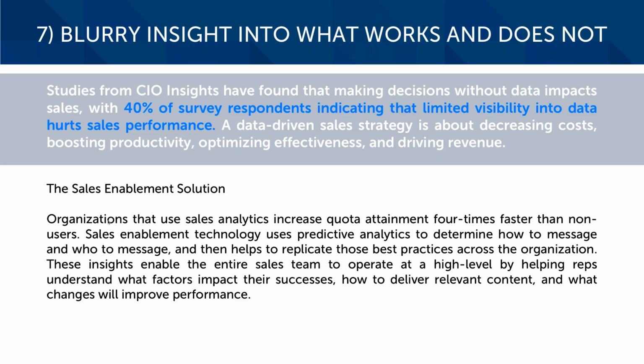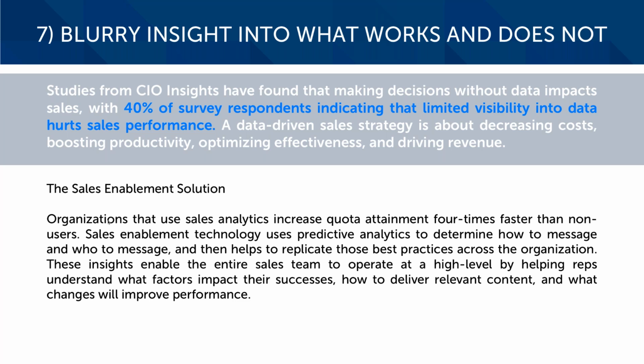It's really about what's pragmatic and what's actionable from the information that you're gathering. Organizations that use sales analytics increase quota attainment 4 times faster than non-users. And sales enablement technology today uses predictive analytics to determine how to message and who to message and when to message so that they become best practices across the organization.